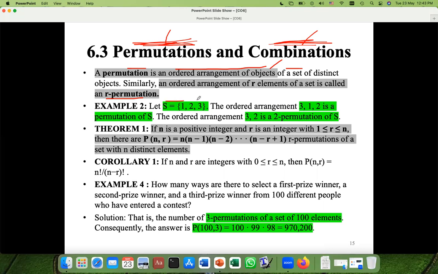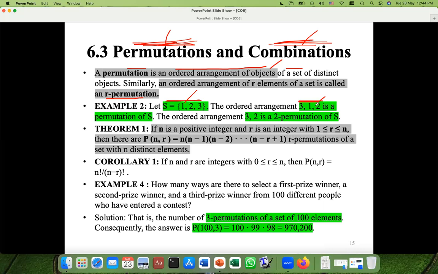For example, here, if we have the set S equal to {1, 2, 3}, and we have taken some arrangement from it like 3, 1, 2, with 3 first, 1 in between, and 2 at the end, then you can call it a permutation of this set S. The order is important.